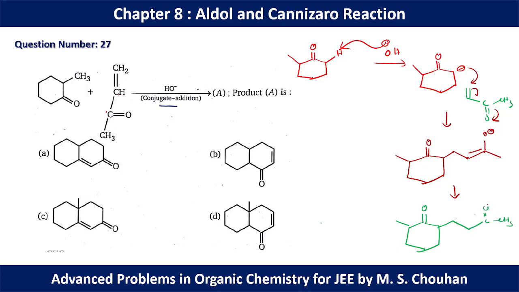Now we can have intramolecular aldol reaction to give the final product, and in the final product we have negative charge on this position, and 1, 2, 3, 4, 5, 6, we can form a 6 member ring. So in this question number 27, we can have a product which will look like this.